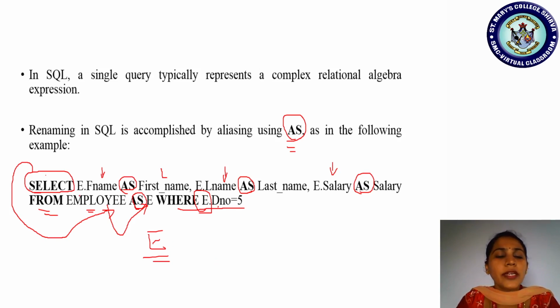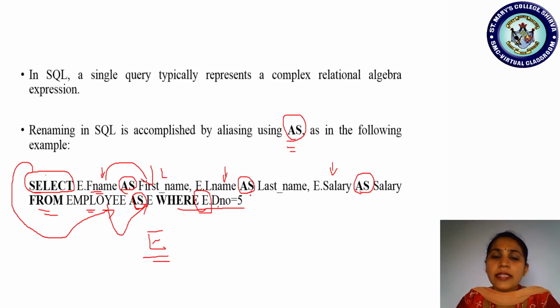Then now just look here students, SELECT E.Fname. The new relation name we renamed was capital E, and from that new relation it has an attribute called first name. First name is that kind of column that exists in that relation, right? So that has to be renamed, using the AS keyword, as what? First underscore name. Is that clear? Similarly, project E.Lname, in the new E relation, it has an attribute Lname.